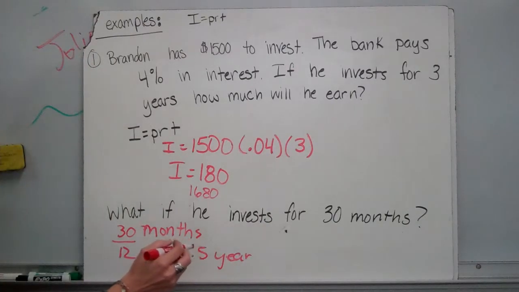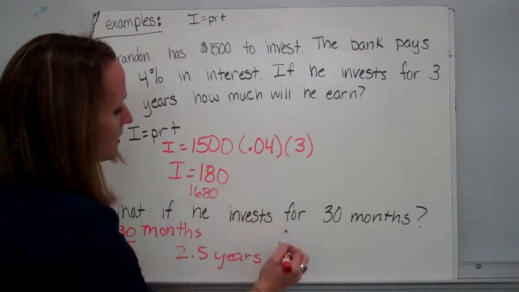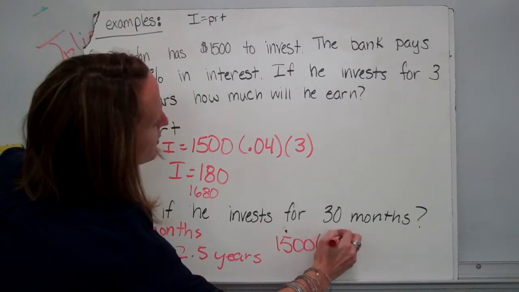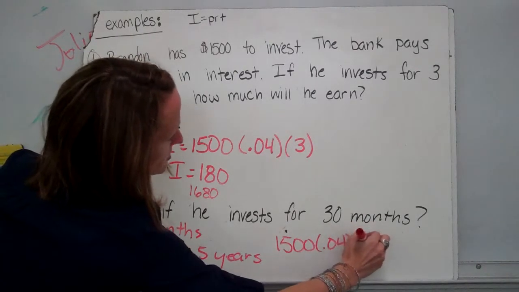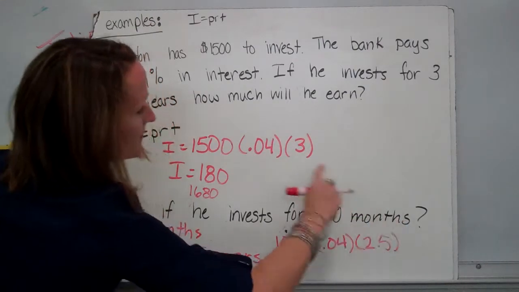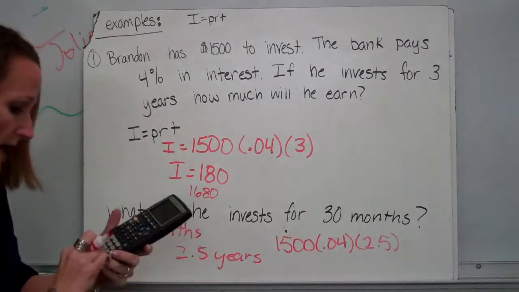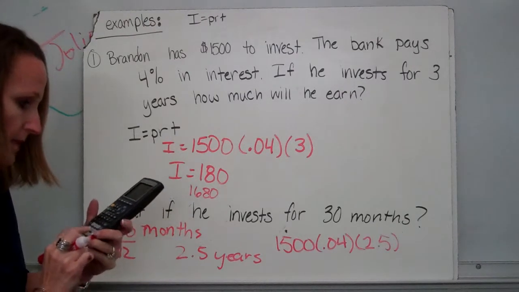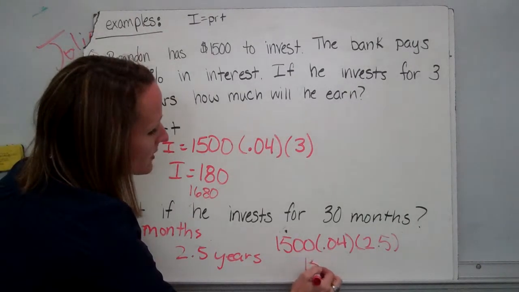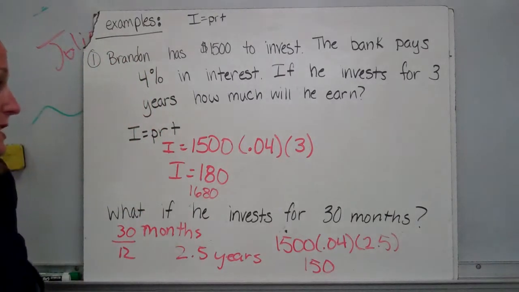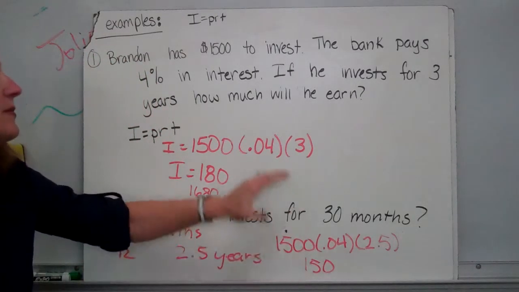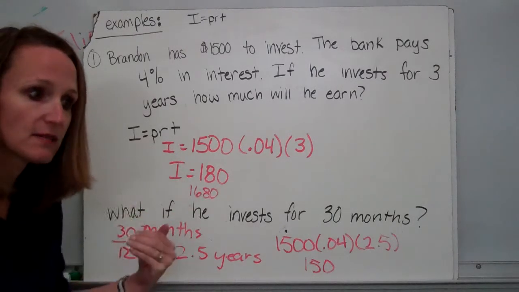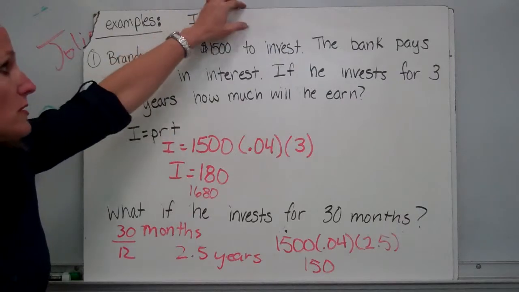So now we would redo our equation and we would do 1,500 still times 0.04 because our interest rate didn't change. But instead of 3, we would do 2.5. And this time, Brandon's only earning $150 in interest. He earned less interest because it was invested for less time. That should make sense. Less time of investment, less interest earned.